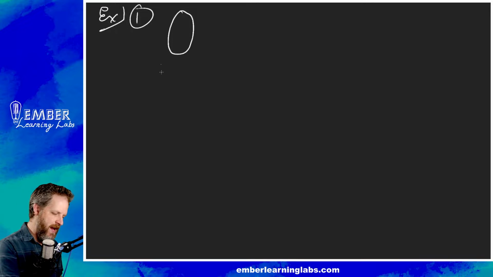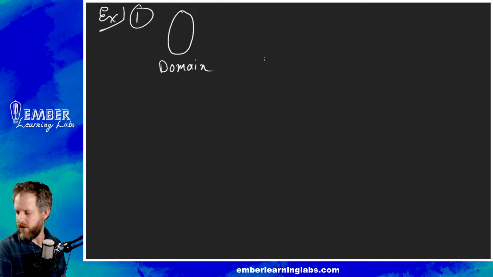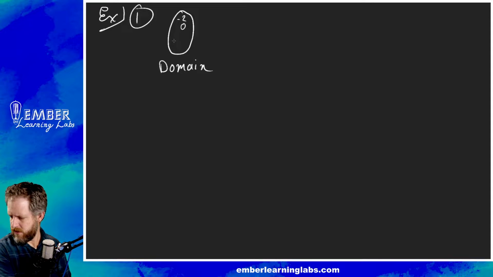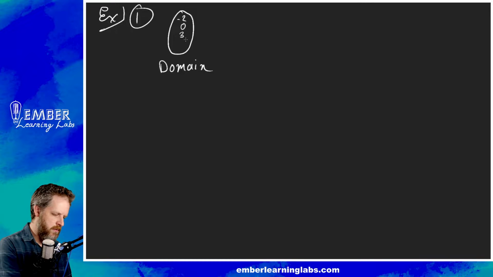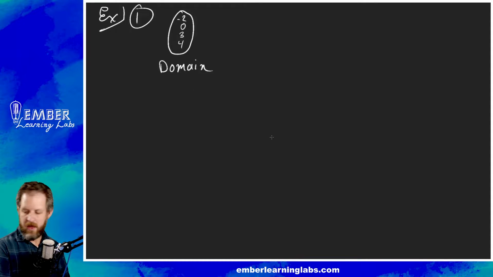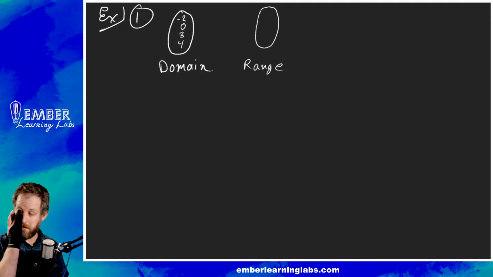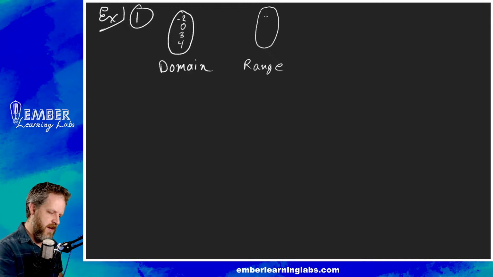Okay, so for the domain part, we're going to have -2, 0, 3, 4. And then for the range part, we're going to have -3, 6, 9.